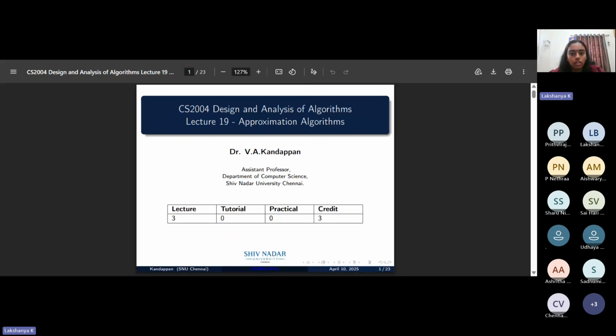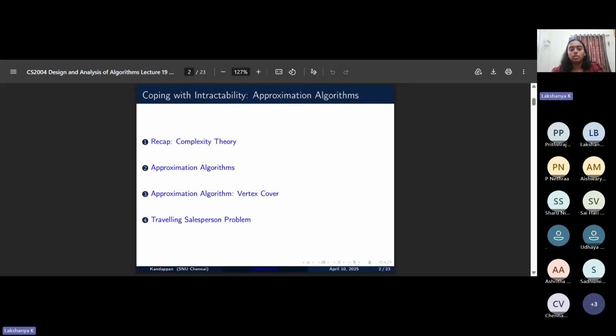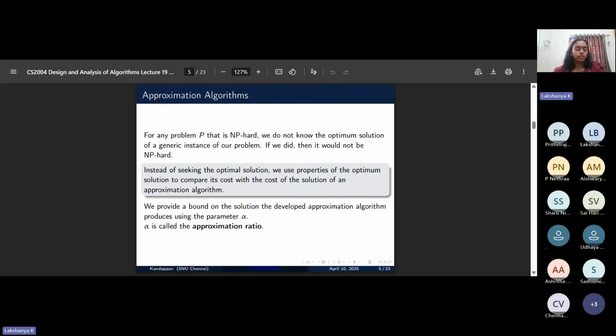Okay, can you see the approximation algorithms slides? Yes. Okay, before I go to the actual algorithm, I said we need to quantify the approximation. We do that using something called the approximation ratio. It tells you how close my solution is going to be to the actual solution.